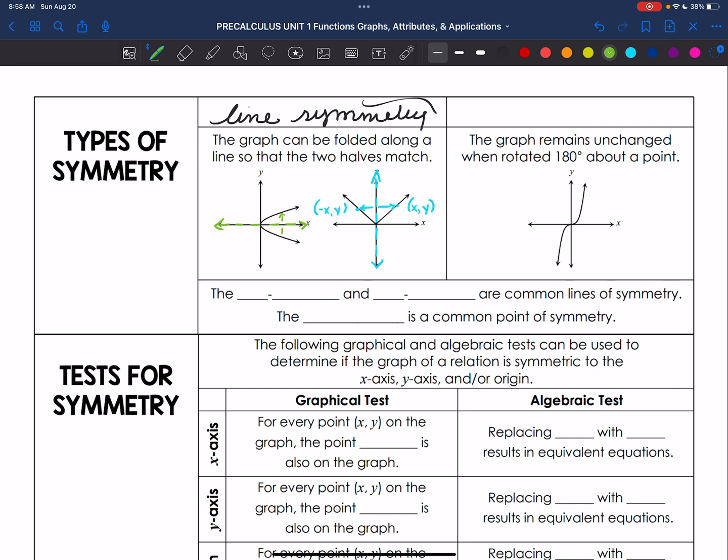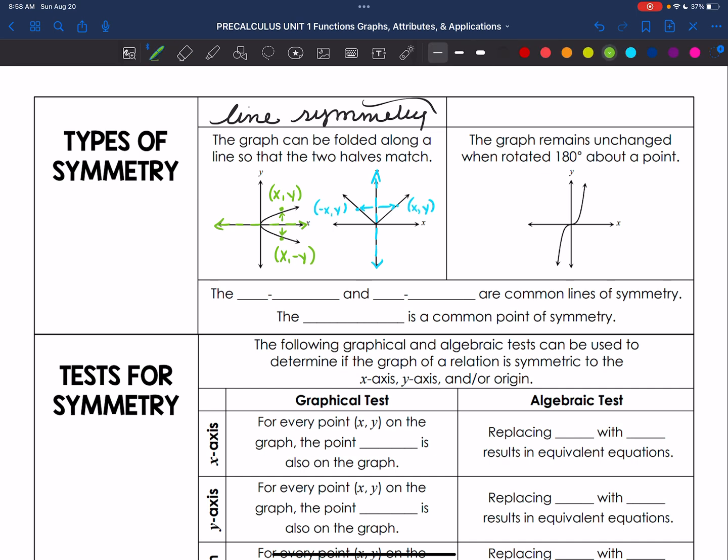Kind of the same idea could be said here, except that they have the same x value, but opposite y values. One is a positive y value, some height above that x-axis, and the other is the same distance away but going down instead.